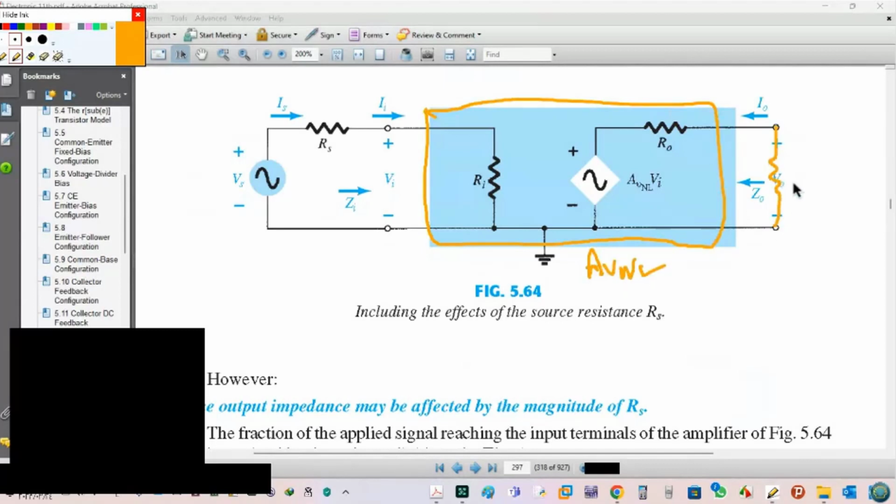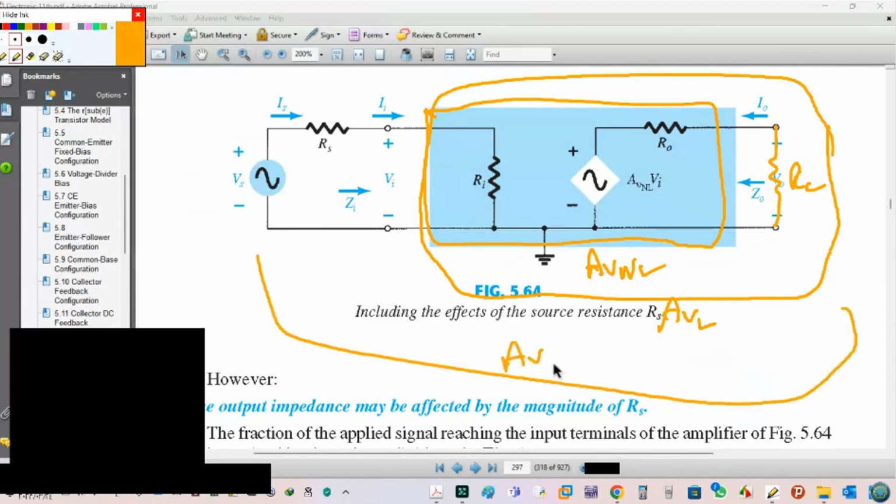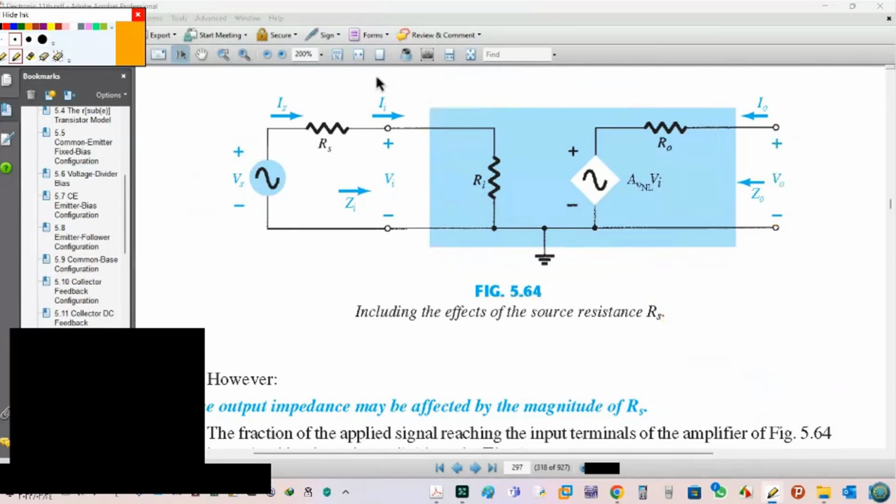If I add RL, it is AV with load. Total from here to here, it is AVS. So here it's easy. You can calculate as I explained before: VO over VI times VI over VS. You can cancel VI with VI, so you get VO over VS.